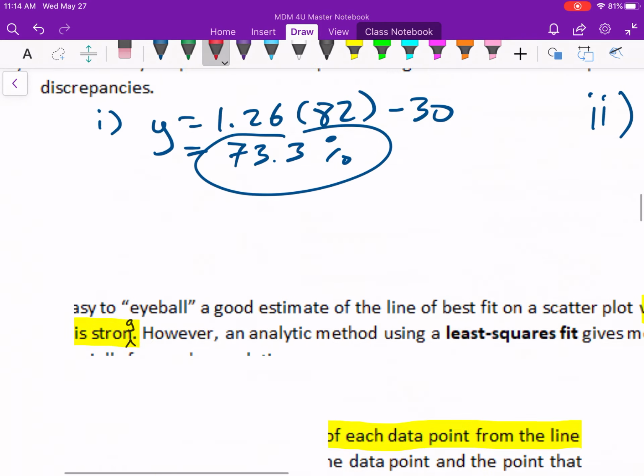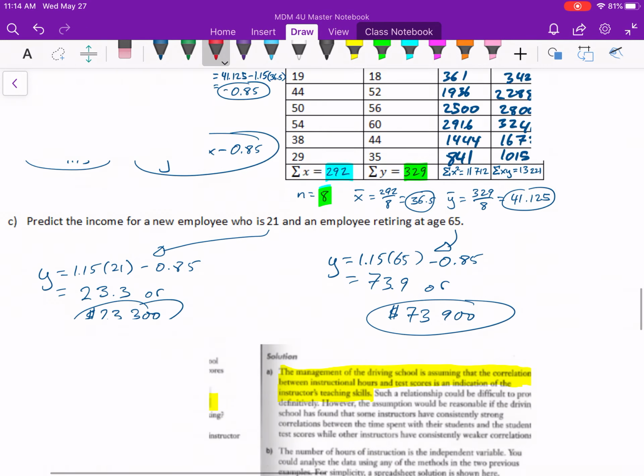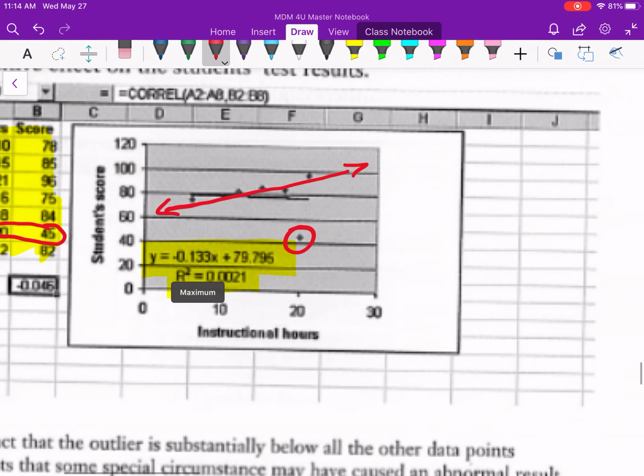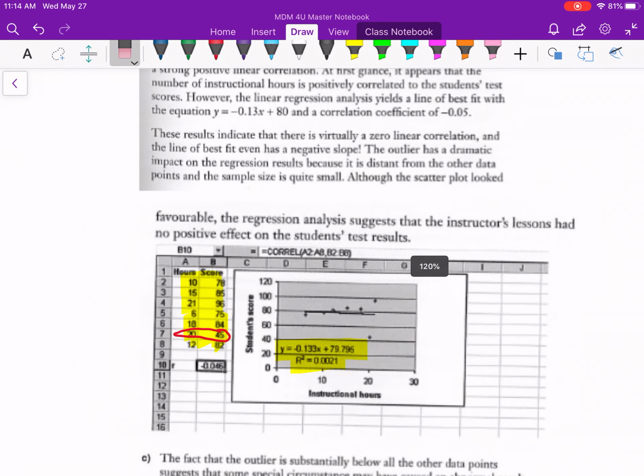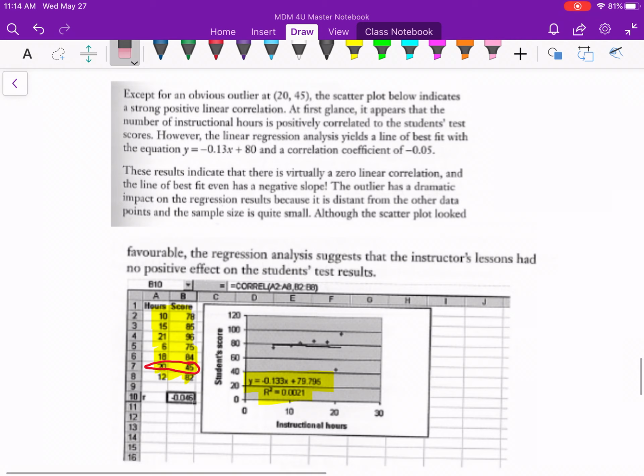We call that one an outlier. At first glance, it appears that the instructional hours are positively correlated to the students' test scores. It looks like generally more hours means their test scores go up, except for that outlier.